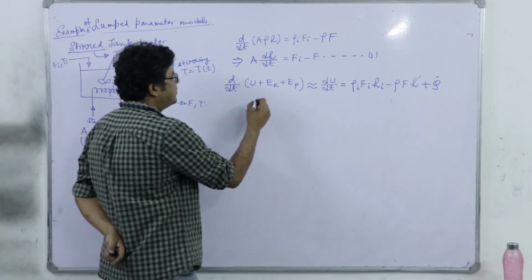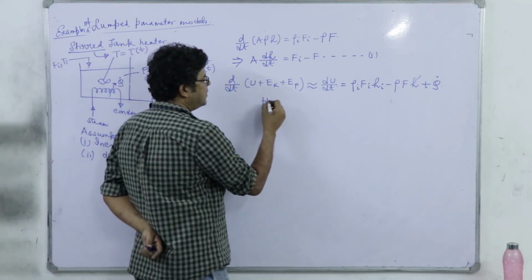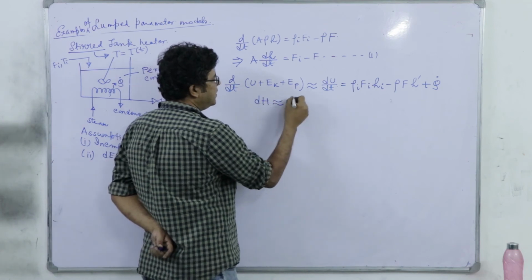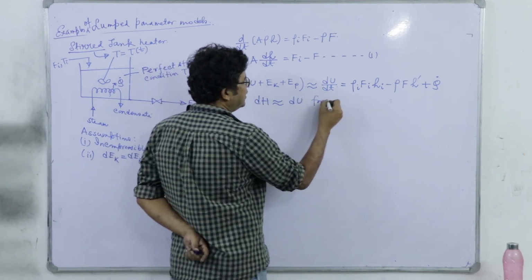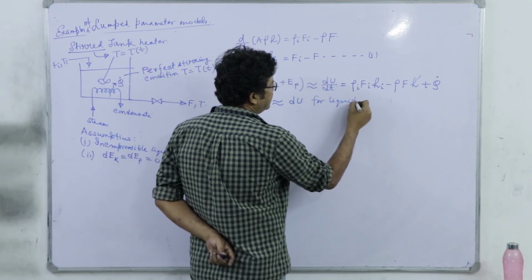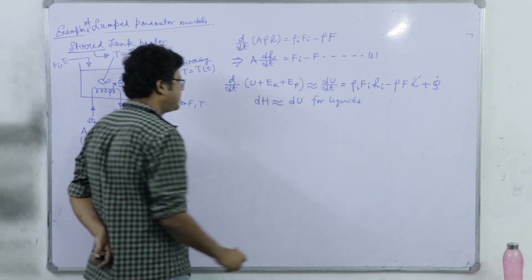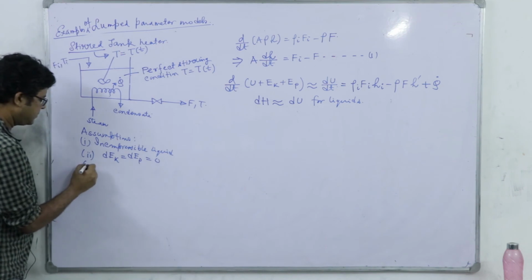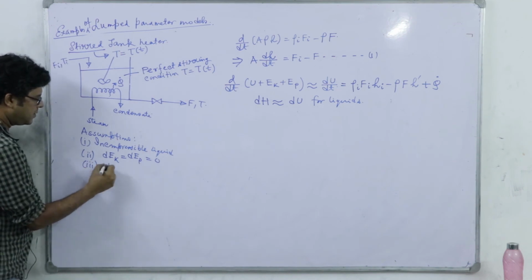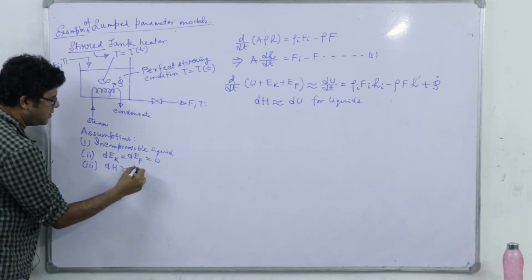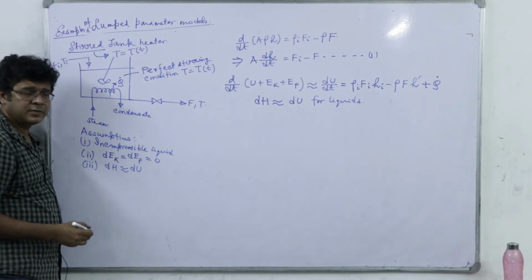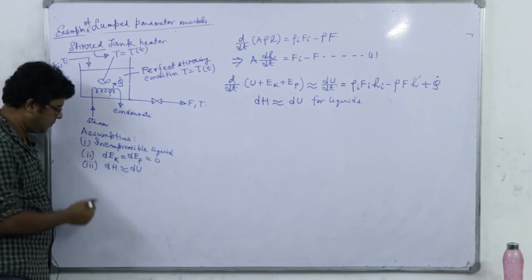Now you see that dH is equal to du for liquids. So third assumption, dH is close to du, because Cp and Cv are the same.